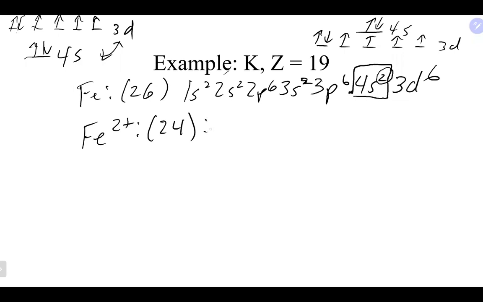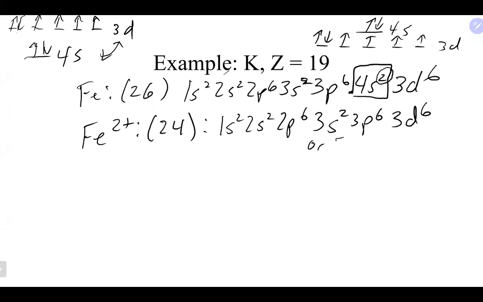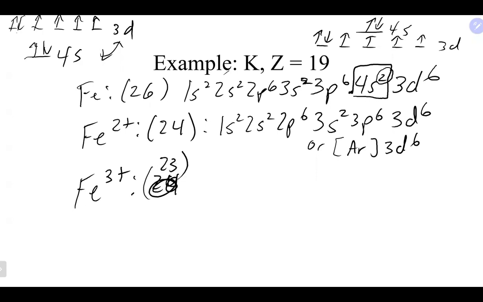And that would leave us a configuration of 1s2, 2s2, 2p6, 3s2, 3p6, and 3d6, or argon 3d6. Now, if iron actually went to a +3 charge, it would end up with, bad math there, 23 electrons.